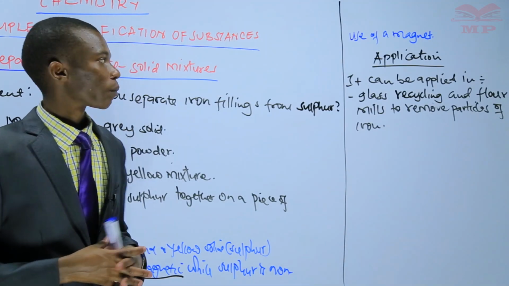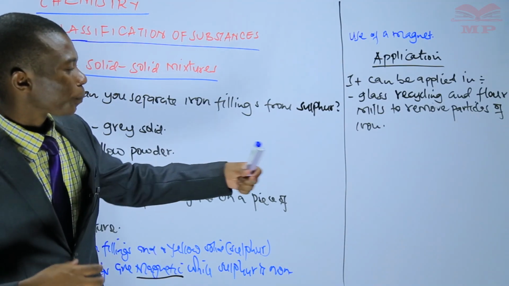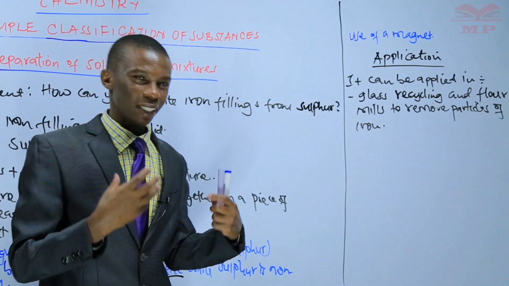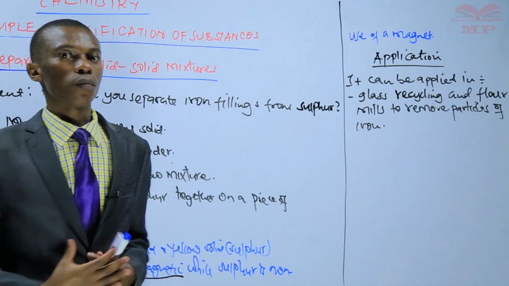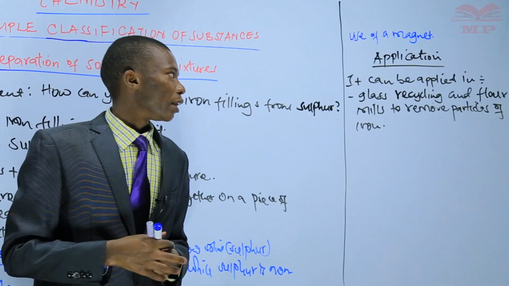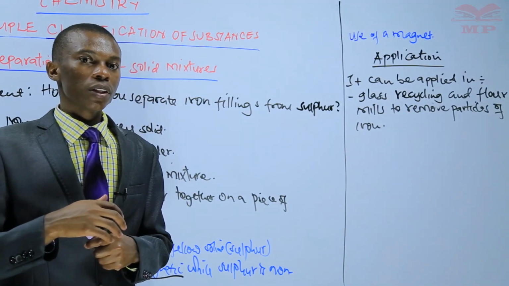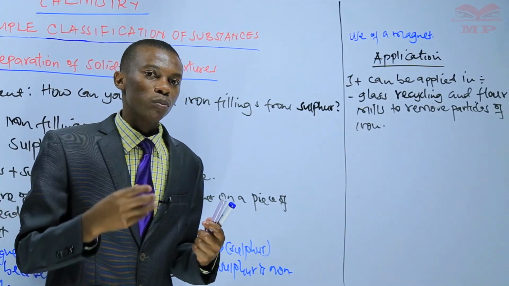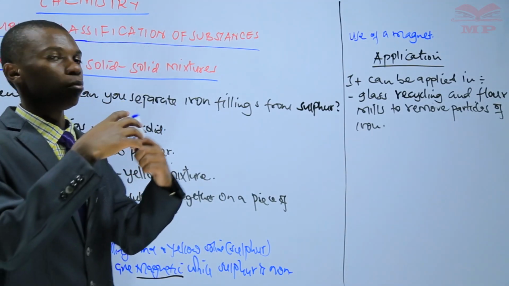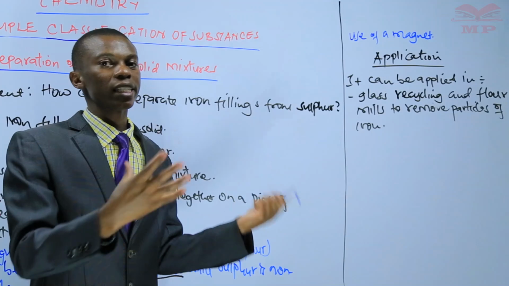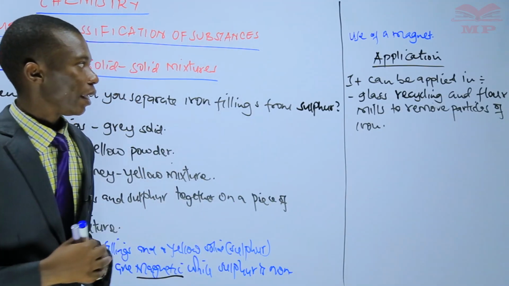Then in flour mills, these are industries or companies dealing with production of flour, there is a magnet to remove the iron particles from the flour, because those are just impurities which are not needed in the flour.